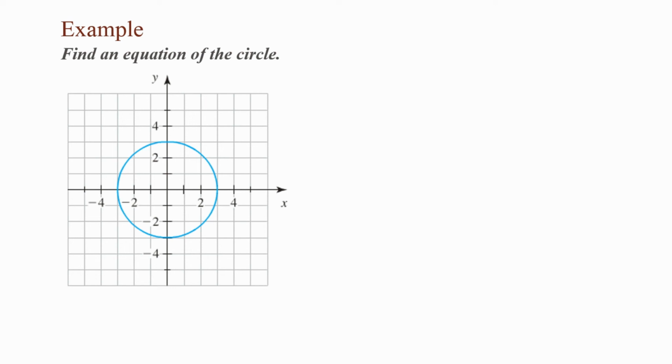In this example, find an equation of the circle. Looking at my graph, by the position, I can tell that the center is at (0, 0). So my center is (0, 0). That tells me I want to use x squared plus y squared equals r squared. Now I have to figure out the radius.